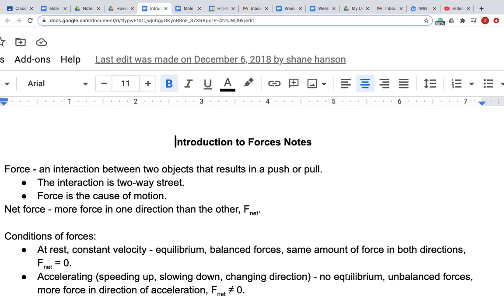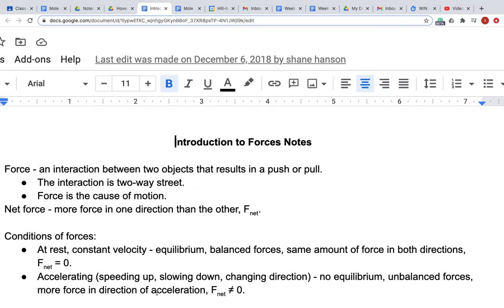You're feeling changes, so it's just not as restful, not as meditative. When you have no equilibrium, that means you have unbalanced forces. Unbalanced forces means you have more force in one direction than the other, and in fact, you have more force in the direction of the acceleration. Previously I had said to think of acceleration as a force. So if something's slowing down, the acceleration is working against the motion.